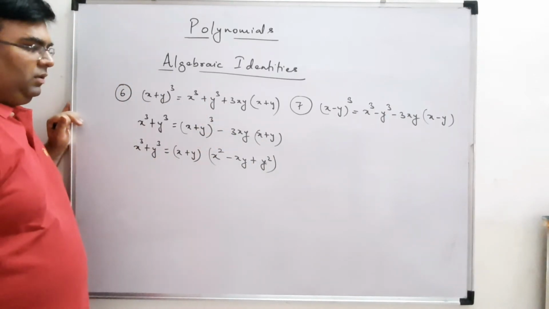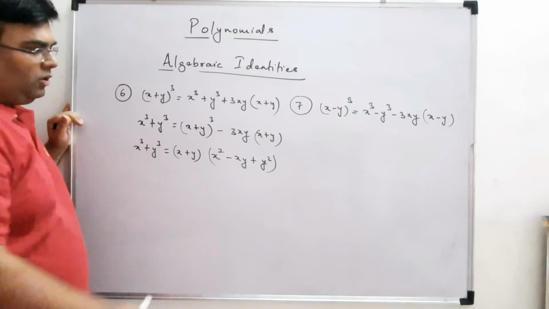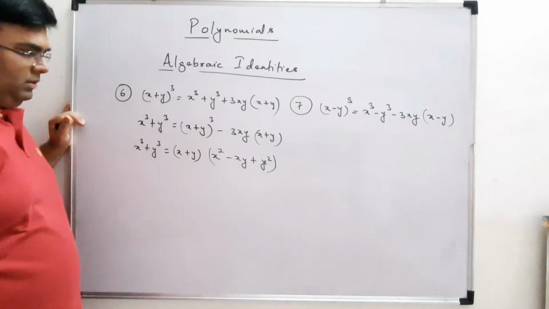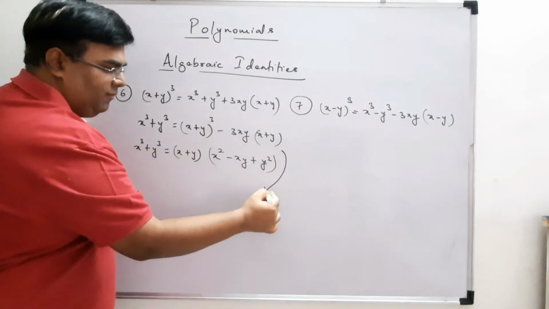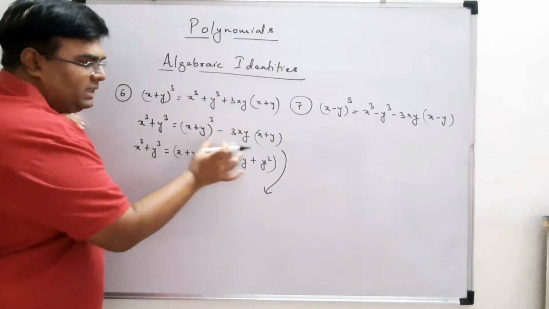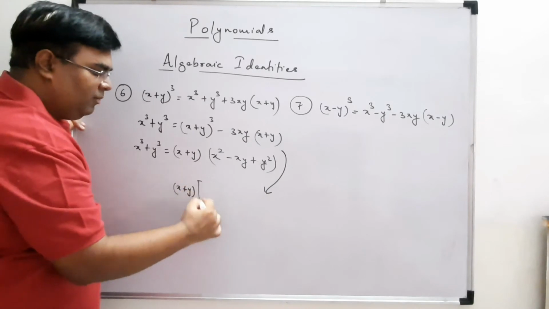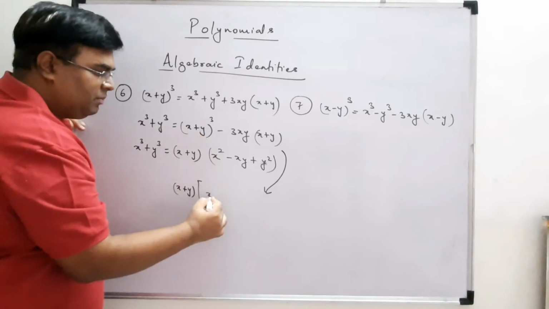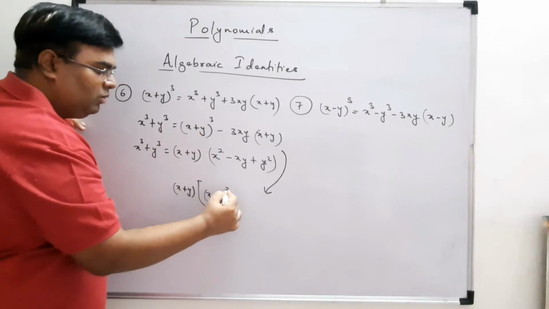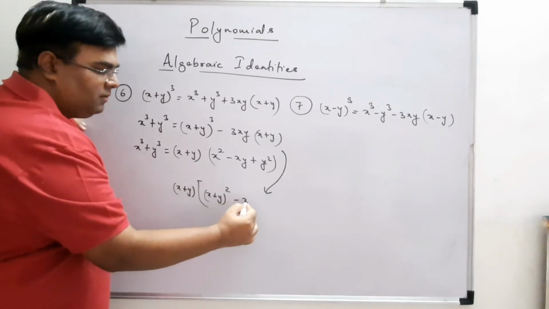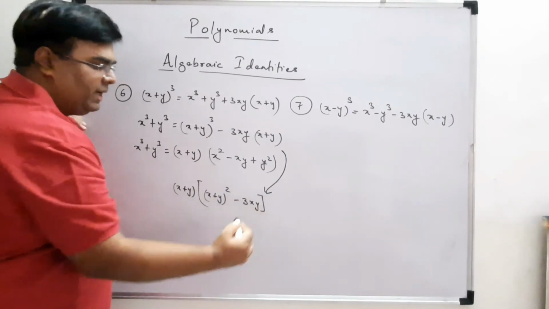Okay, from here, if you want to prove it, let us take it from here. You can take (x + y) common. So what will be left? Here it will be (x + y)² − 3xy.